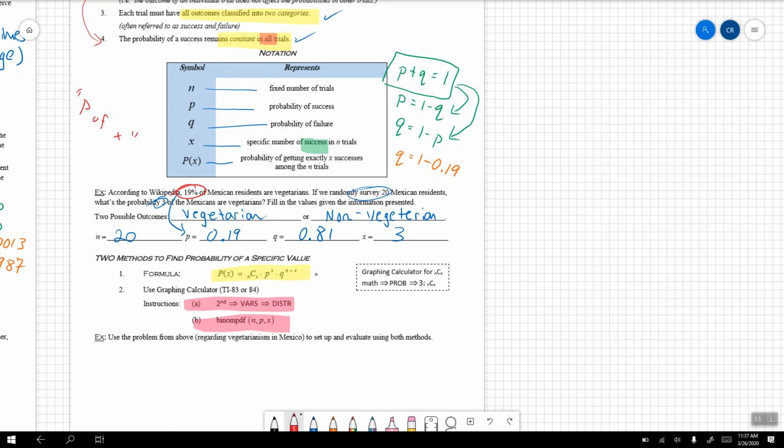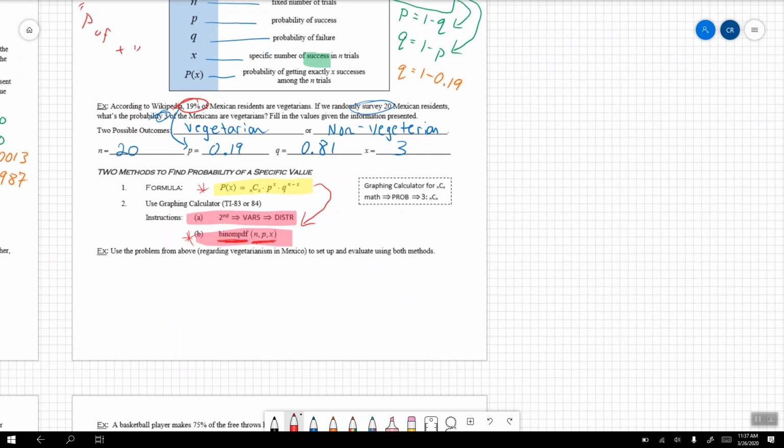Some programmer took this formula and programmed it into this user interface. So we want to keep using that binomial PDF. We're going to need 3 inputs for that: what is n, what is p, and what is x.